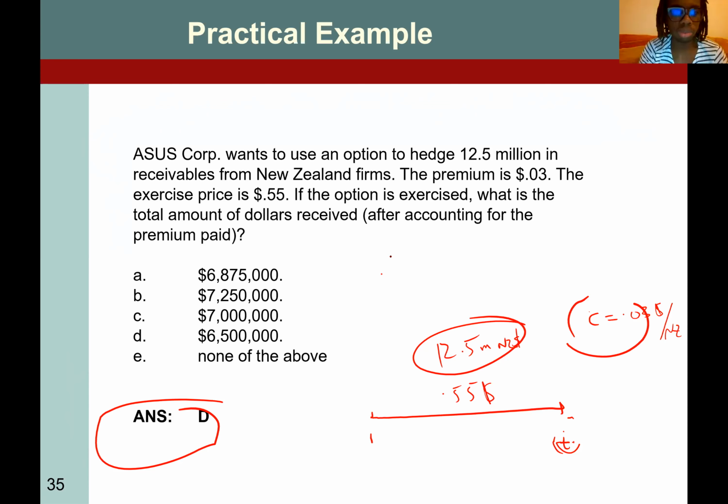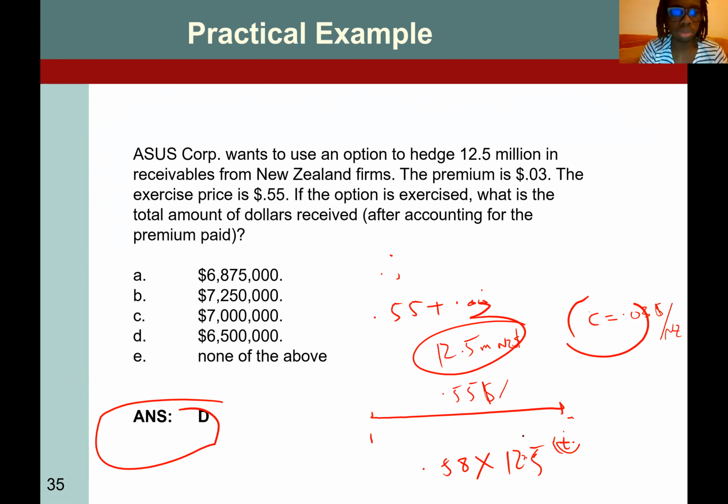Your cost is 0.55 strike price plus the premium you will pay, 0.03. So your total cost would be 0.58. 0.58 multiplied by 12.5.